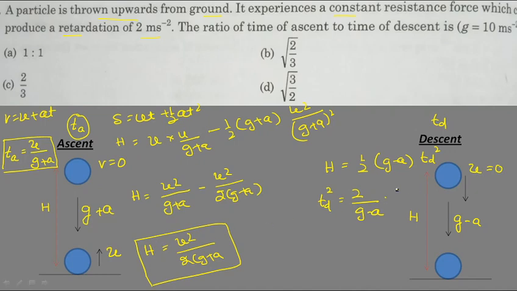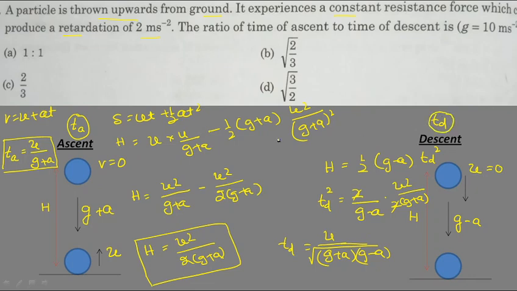What is h? This is u square upon 2 into g plus a. If you look at it carefully, time of descent becomes root over of, the 2 cancels 2, u upon g plus a into g minus a under root. This is my TD, that is time of descent.